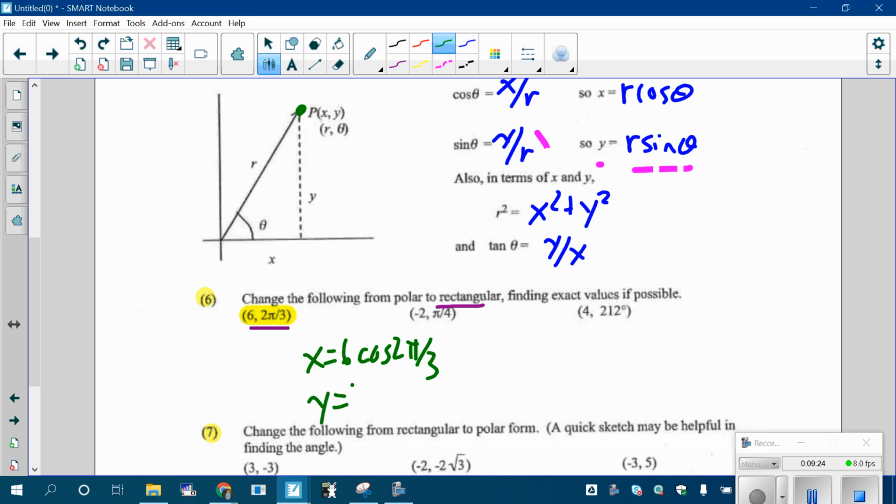Y would be 6 times the sine of 2 pi thirds. Cosine of 2 pi thirds is negative a half. So x would be negative 3. Sine of 2 pi thirds is root 3 over 2. So the y would be 3 root 3.